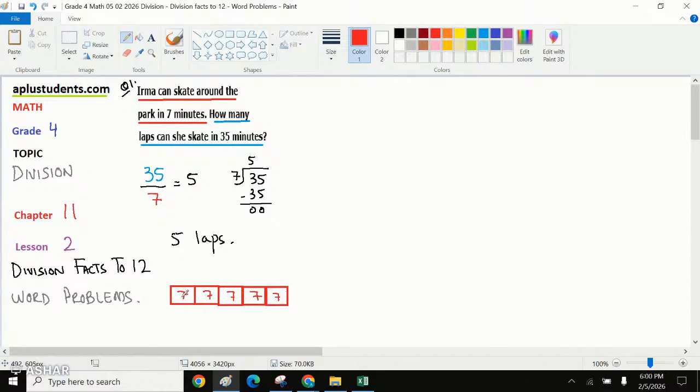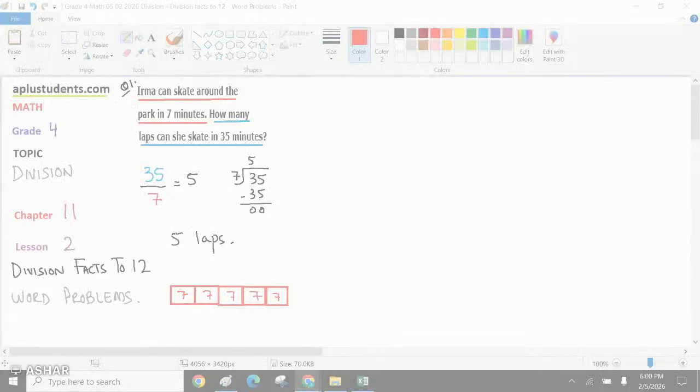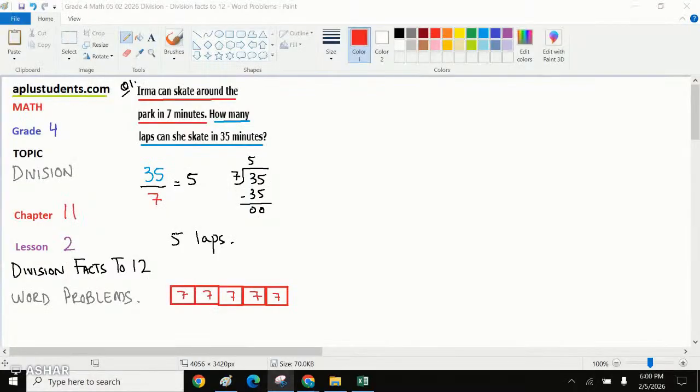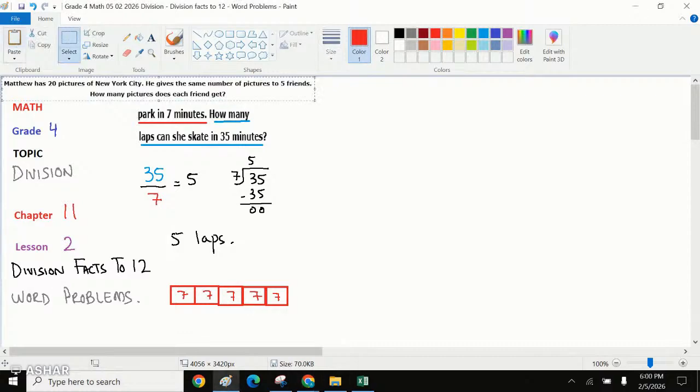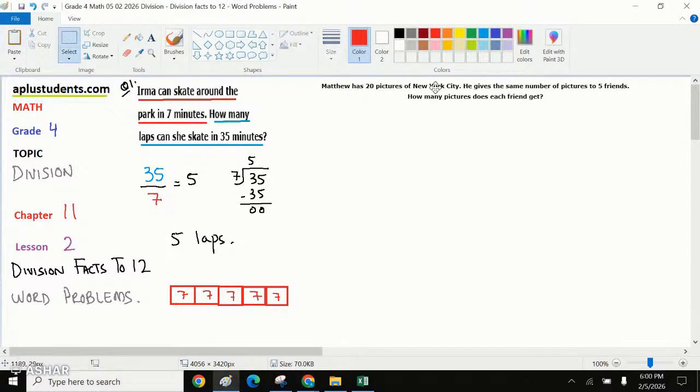That means if there are 5 laps of 7 minutes each, that would sum up to 35 minutes, right? We're simply doing division. We would not do it through addition, right? But when you are solving a question, it's your choice to pick any method that you want. You would not have any restrictions over there. But since this topic is division, we would prefer doing division over here.